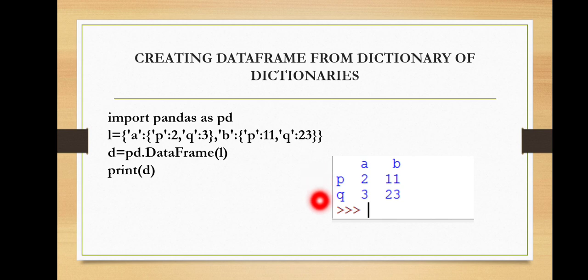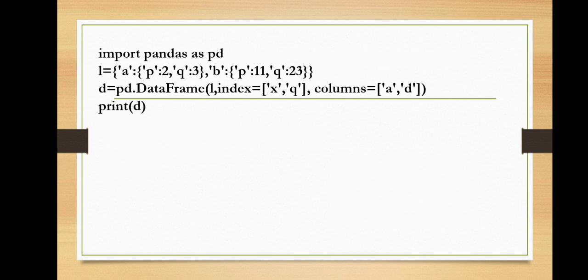This is very important. So for column A, the P row will have the value 2 and the Q row will have the value 3, and for column B, the P row will have the value 11 and the Q row will have the value 23.